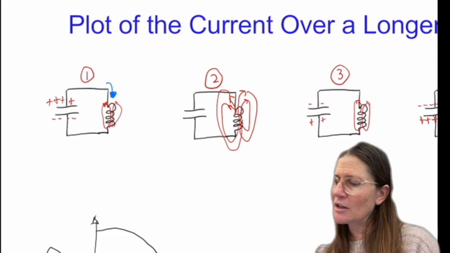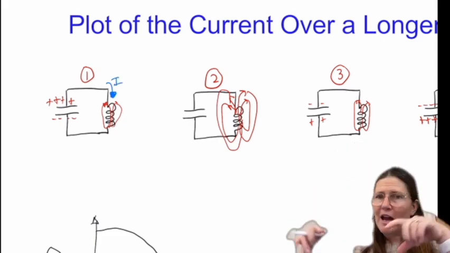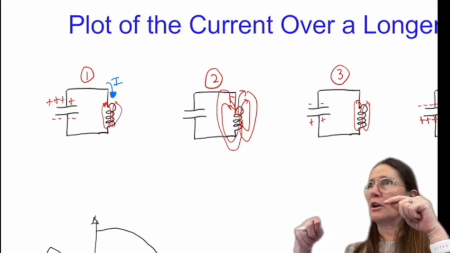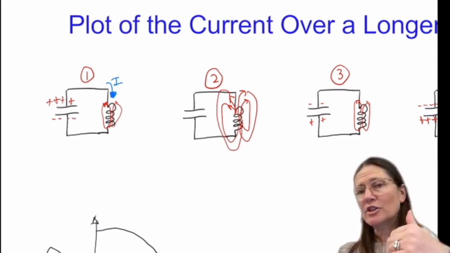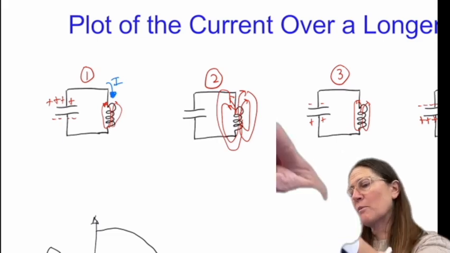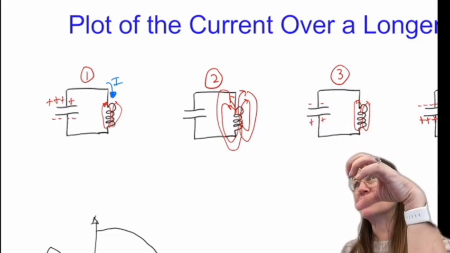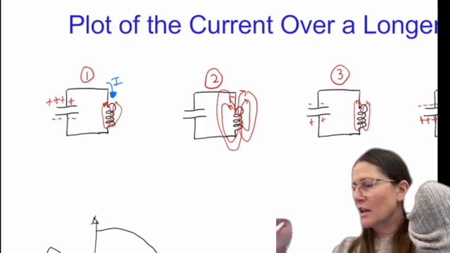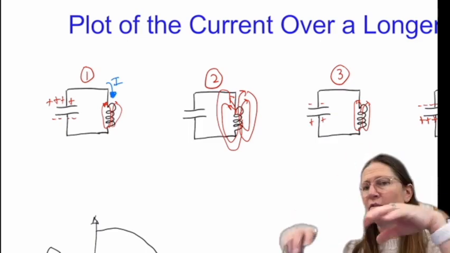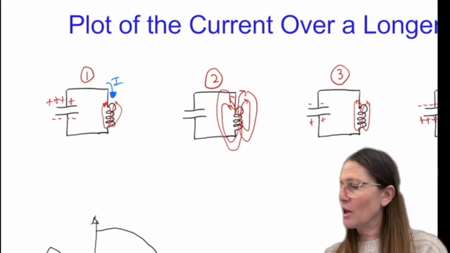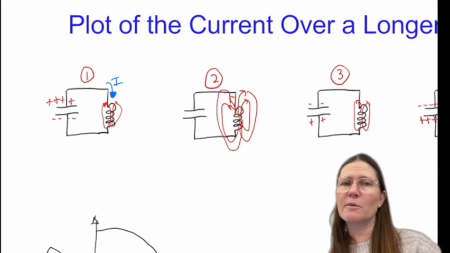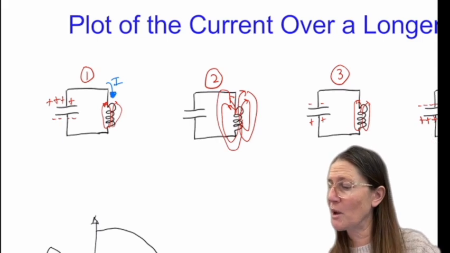As that current flows, the inductor field starts to become bigger. So we get this current flow from the charged capacitor, and it will create more of a field until there's no more charge on the capacitor, and the capacitor is pretty much discharged.